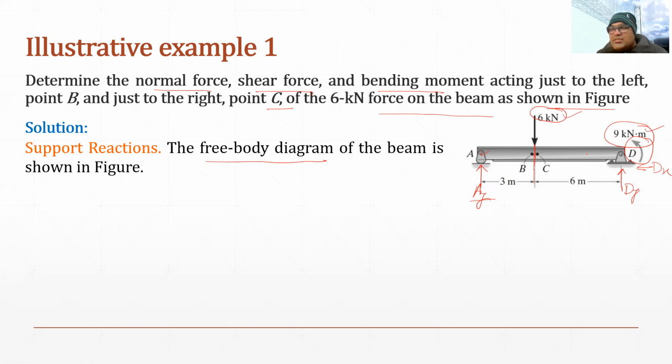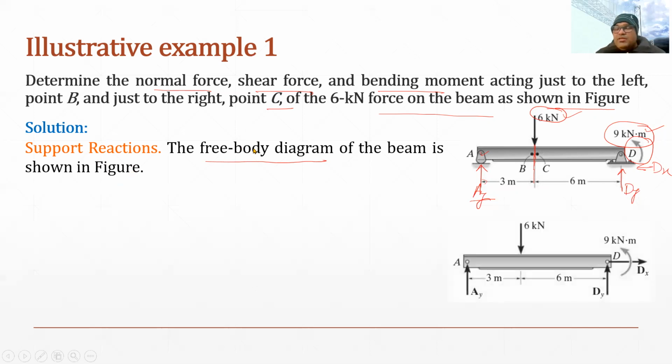Here I am considering the y-axis as vertical and the x-axis as horizontal, so Ay means force at A along the y direction. So first of all, we will calculate the support reactions. We already know how to calculate reactions. This is the free body diagram with Dy, Dx, and Ay.